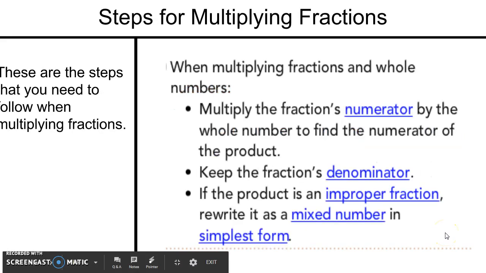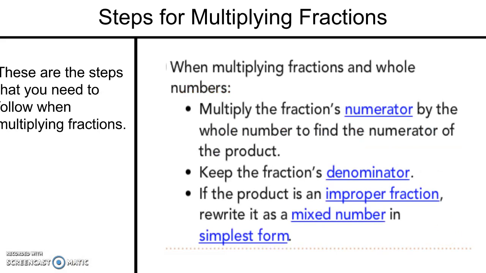Here you see the steps for multiplying fractions. These are the steps that you need to follow when multiplying fractions. Multiply the fraction's numerator, which is the top number, by the whole number to find the numerator of the product. Keep the fraction's denominator, and if the product is an improper fraction, rewrite it as a mixed number in simplest form.